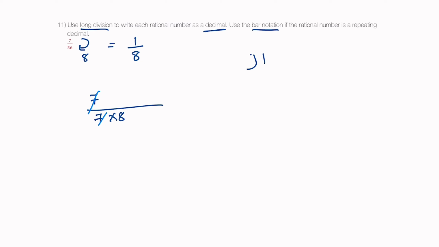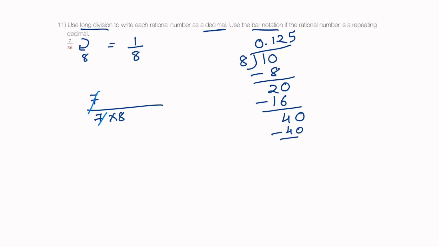So dividing 1 over 8 is much simpler. 1, it doesn't go. We are going to put a decimal. 0, 1, 8, 2, 0 times 2, 16, 4, 0 times 5, 40, and it ends there. Hence the answer is 0.125.